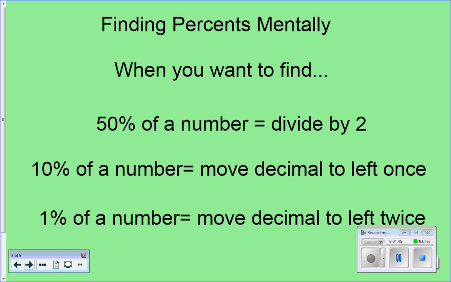When you want to find 10% of a number, you can move the decimal to the left 1 time. I'll give you a small example when you guys are done writing.